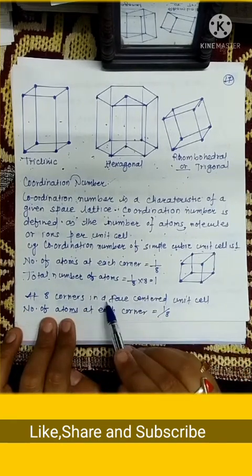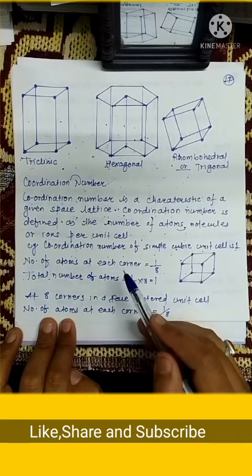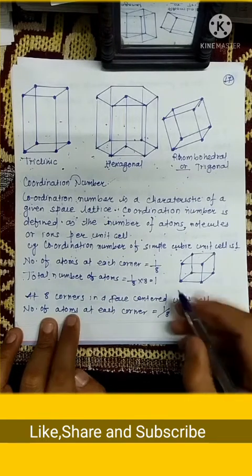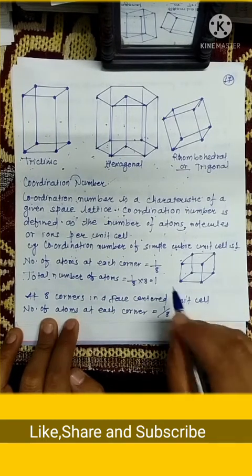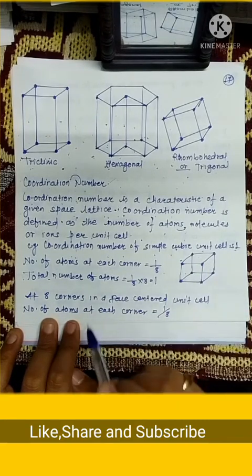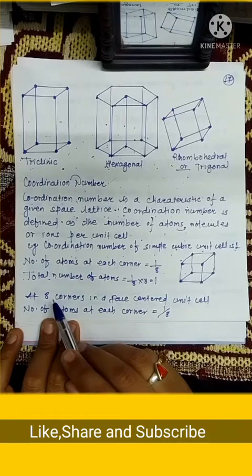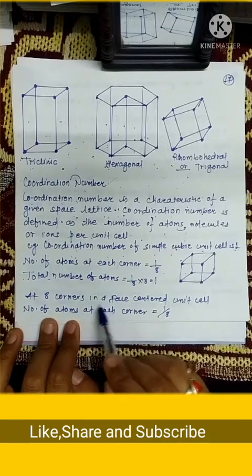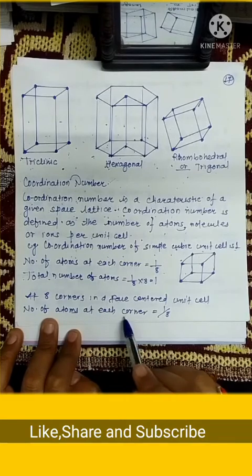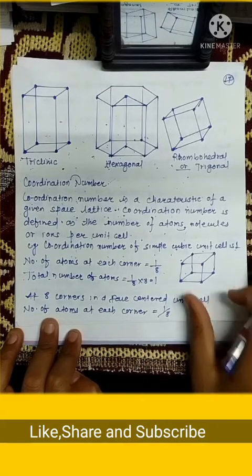Now we are going to see the face centered cubic unit cell. In the face centered cubic unit cell, at the 8 corners 8 atoms are present. So the number of atoms at each corner is equal to 1 by 8.